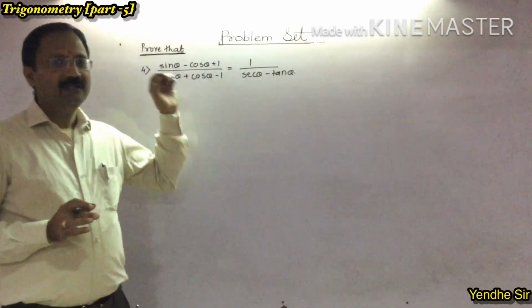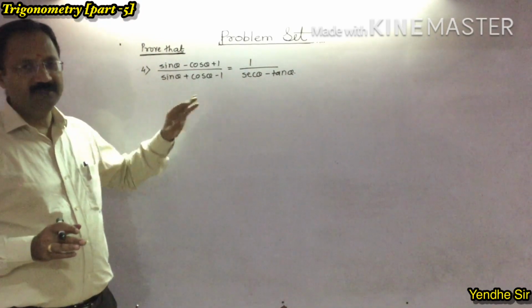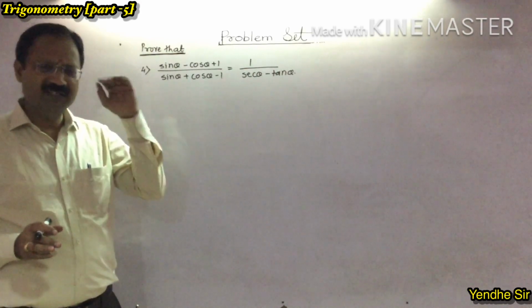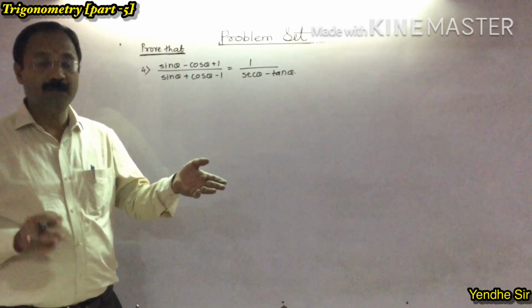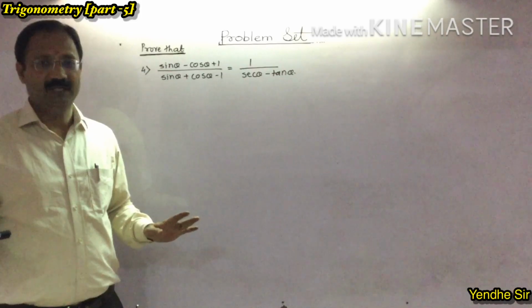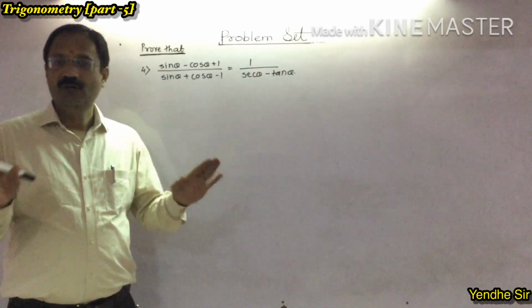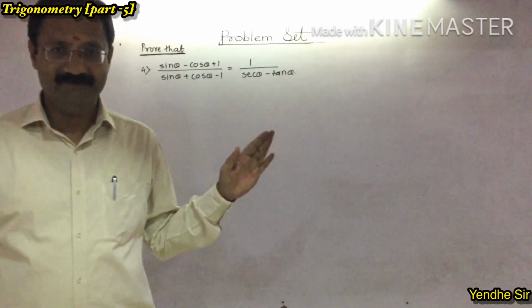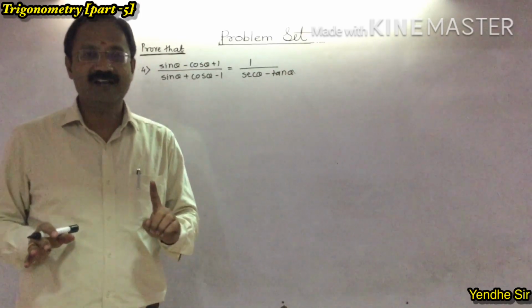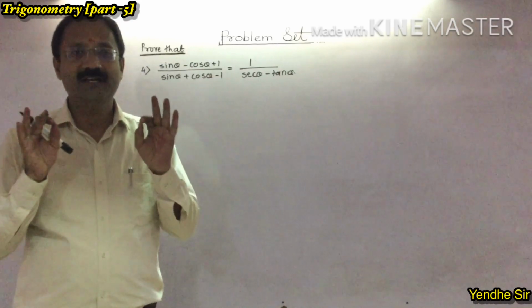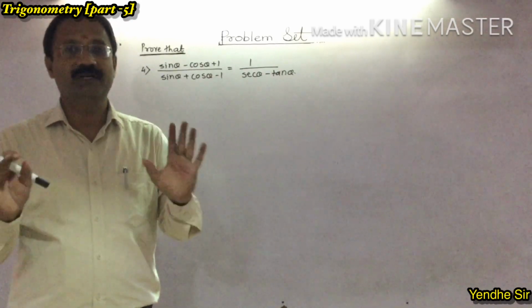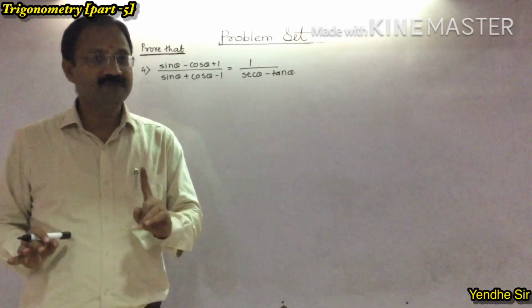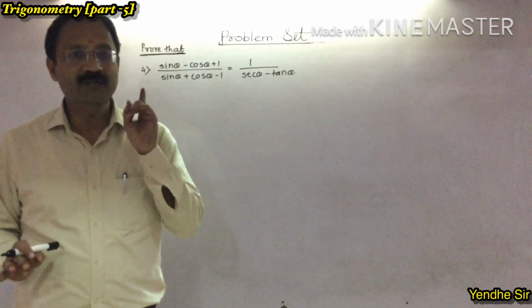If three ratios come together, meaning sin theta, cos theta, either tan theta or cosec theta, plus 1 or minus 1, then don't solve it as LHS and RHS. These sums are related to the theorem on equal ratio.